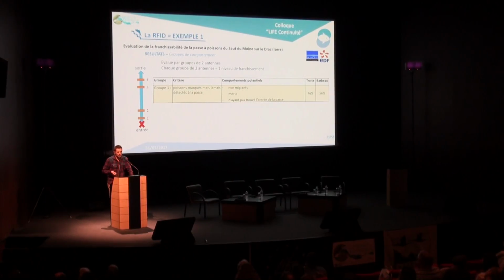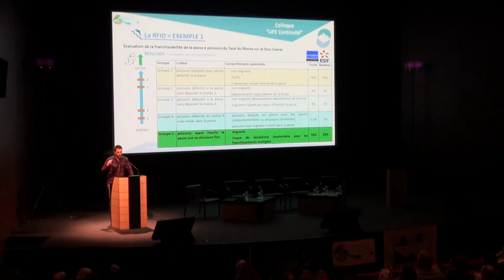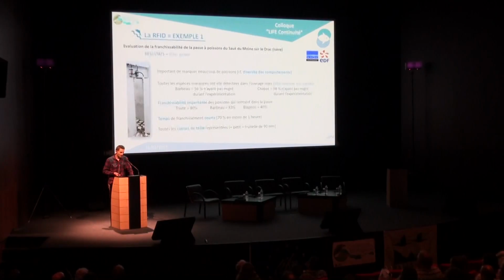And we couldn't assess the attractivity of the obstacle. Then we have got 3 groups with similar behaviors. They arrived at the antennas 2, 3, and 4, but they didn't go out of the fish pass totally. And the last group, which went out of the barrier, 16% for trout and 32% for the sculpin.